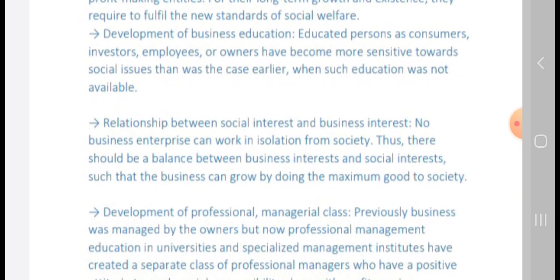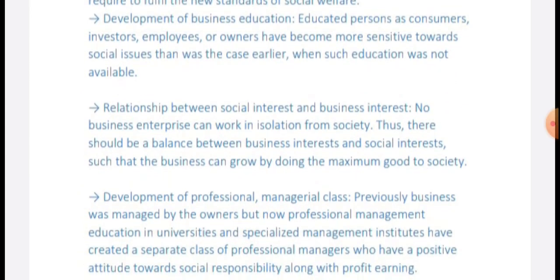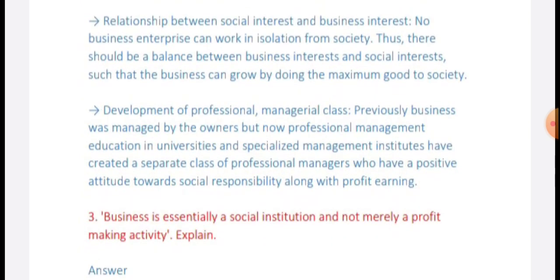And development of social standards: business enterprises are not mere profit-making entities. And development of business education: educated persons as consumers, investors, employees, or owners have become more sensitive towards the relationship between social interest and business interest. No business can work in isolation from society.